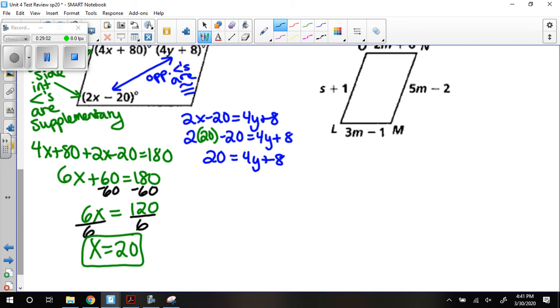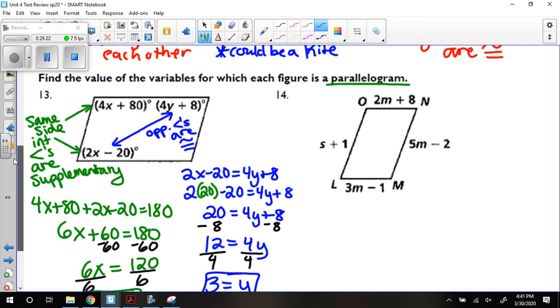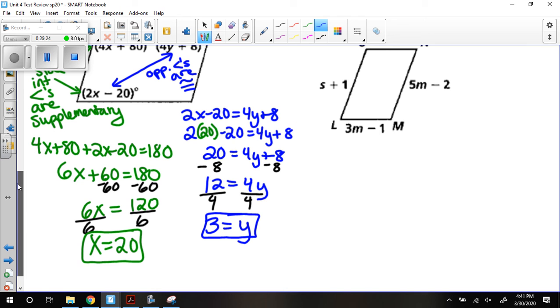And we can subtract our 8. That is 12 equals 4y, and divide by 4. So 12 divided by 4 is 3, and that's what y is. Okay, now just to make sure, it says find the value of the variables. That's all we had to do for that one.